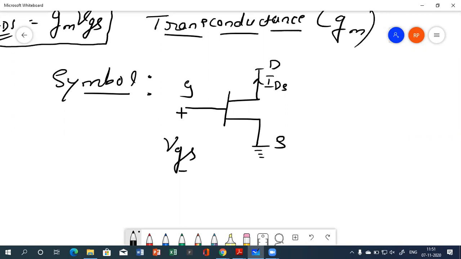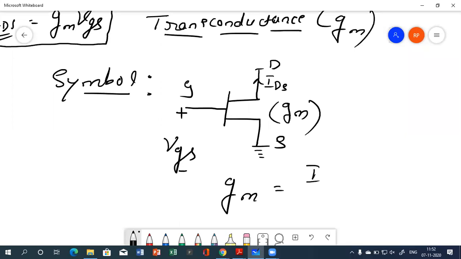Okay. Now, here there is one source. We call it transconductance. Transconductance is nothing but a current source which appears between the output and input, same as in a BJT, like beta. The beta is nothing but the current gain. Here, GM is nothing but transconductance. How to define transconductance? It is output by input.